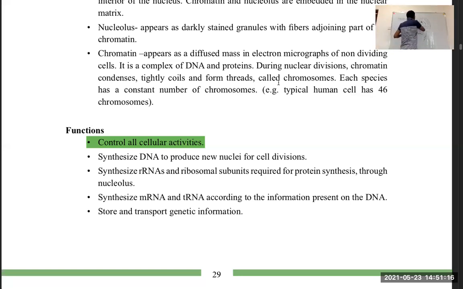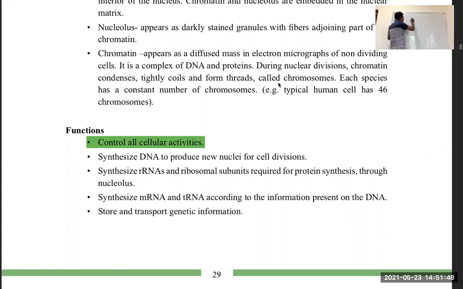Now write down the next one, mitochondria. First of all, I draw the mitochondria, later explain. Mitochondria is a two-membrane, or double membrane, organelle.